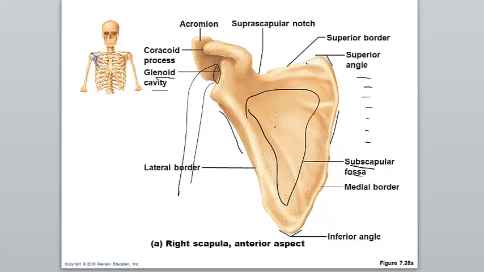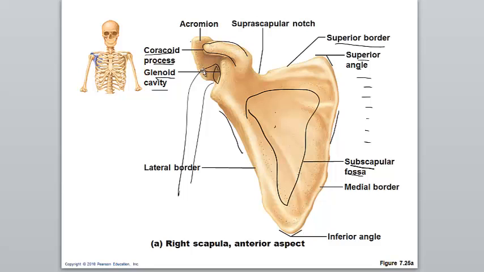There is an inferior angle and then you have a superior border on top and superior angle. There are two processes. You have a coracoid process. Remember, in your mandible, you have coronoid process. Make sure you get the spelling right. Coracoid process is right over here. And then you have your acromion.